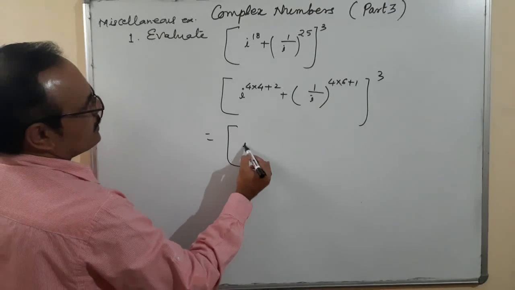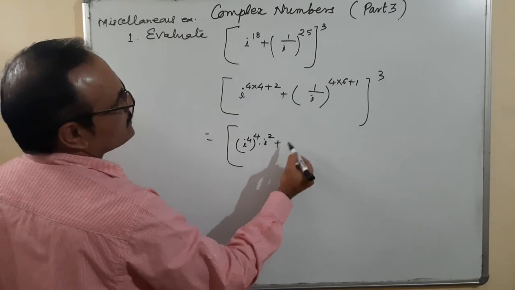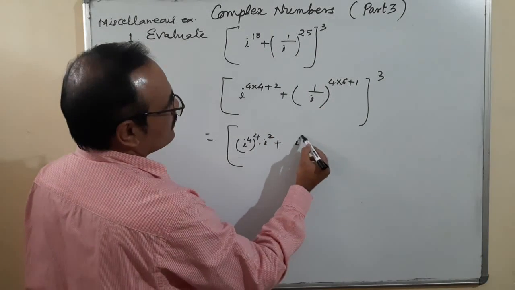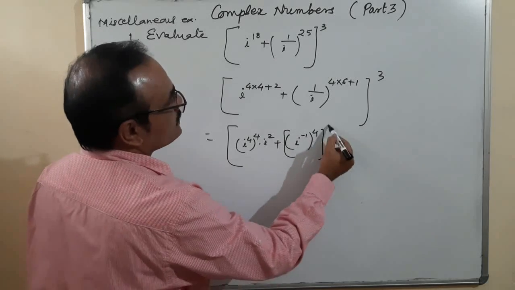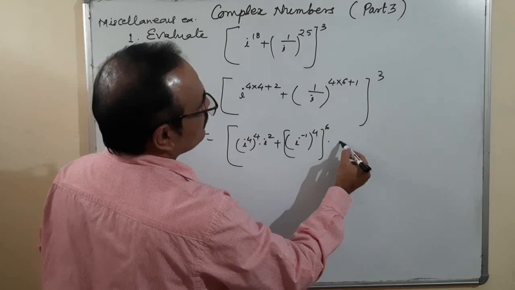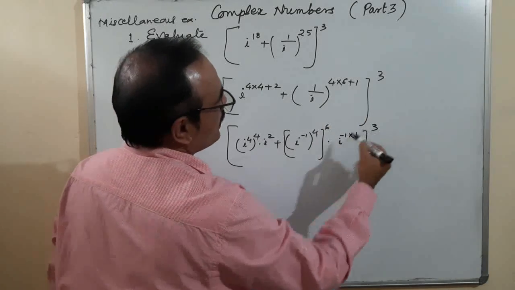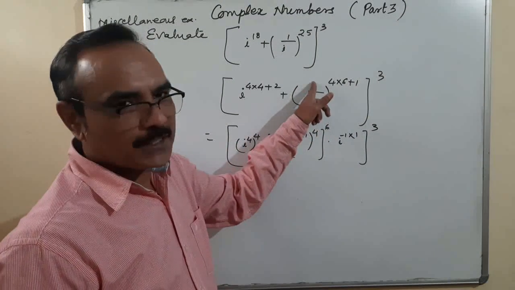It means i to the power 4 into i square, plus this I can write as i to the power minus 1, i to the power 4 to the power 6 into i to the power minus 1 multiplied by 1. I hope you have understood it. 1 upon i means i to the power minus 1.